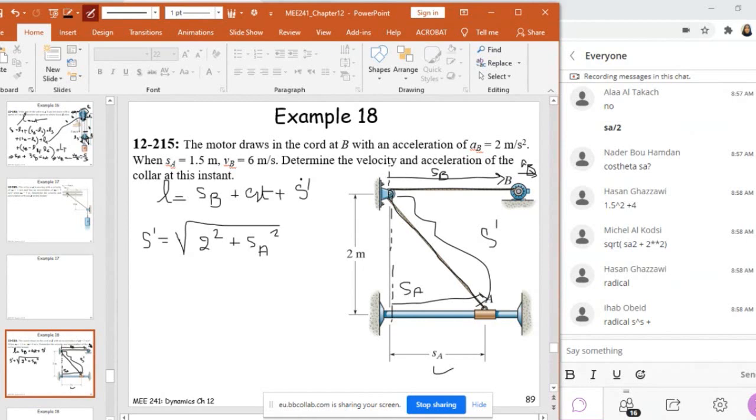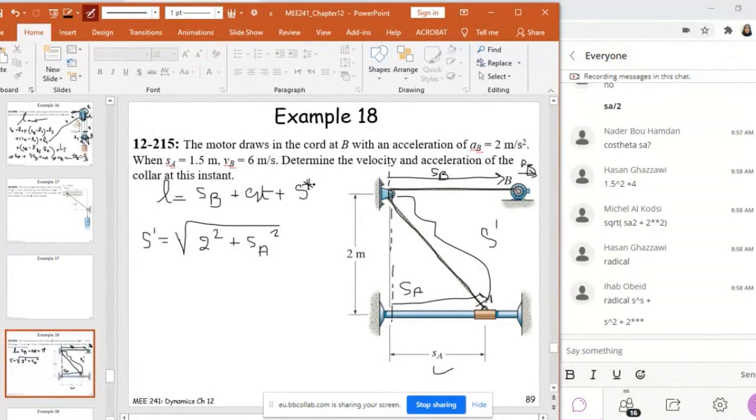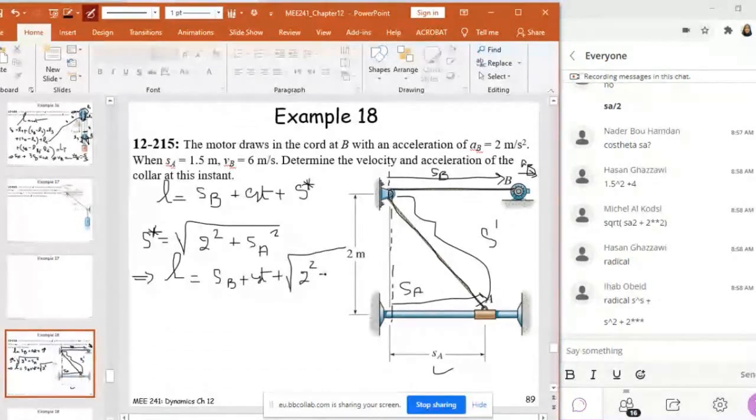I shouldn't call this S prime, in fact, because I don't want you guys to think that this is the derivative. So let's call this S star. Okay? So please, guys, unmute yourself. Now, L will be equal to SB plus a certain constant plus radical 2 squared plus SA squared.